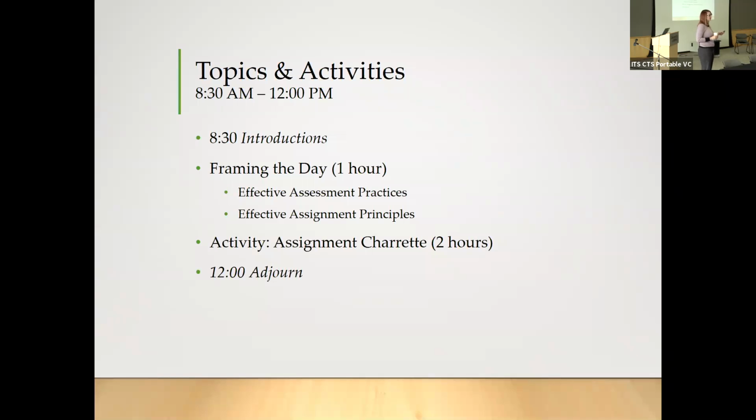It's happened before in the past, of course, but NILOA has put together a process that helps you all who have assignments where the rubber meets the road, where you're really looking for the students to learn their outcomes, and attaching the assignments that you hope will get them to the point where they can demonstrate those outcomes.